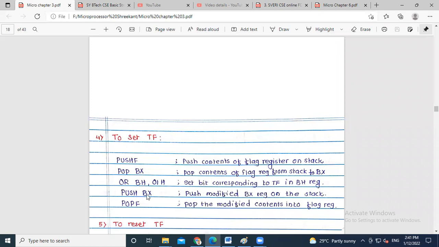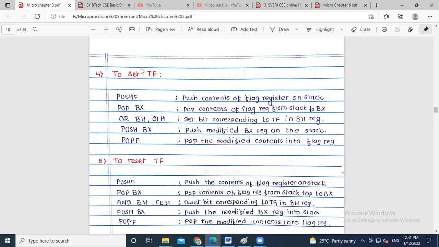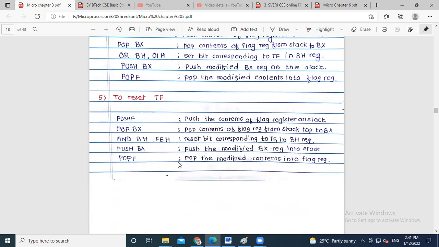Then PUSH BX pushes the modified BX register onto the stack, and POPF pops the modified contents into the flag register. So this is the TF, that is trap flag. And the next one is reset TF, which means to reset the trap flag. First one is set the trap flag, and the next one is to reset the trap flag.